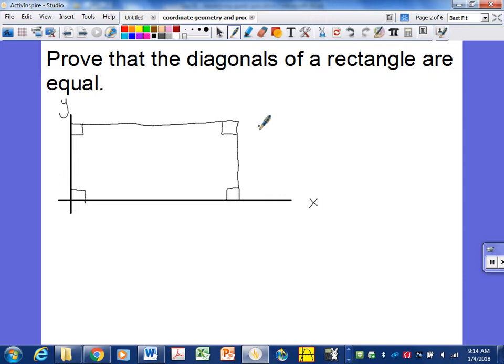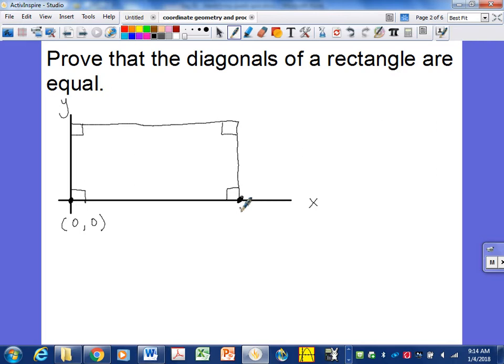Now what is the first coordinate that we can see that's pretty obvious? 90 degrees is not a coordinate, but the origin here has a coordinate of 0x and 0y. So we get to determine how far to the right we have gone to put a coordinate with this point of our rectangle.